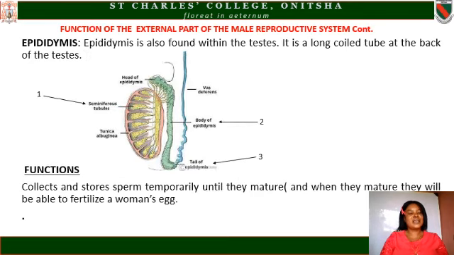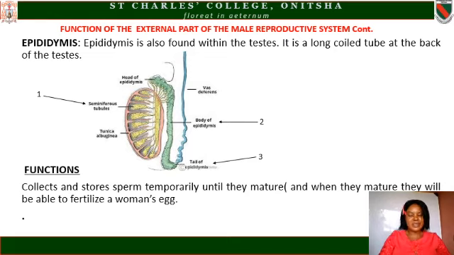The next one is the epididymis. The epididymis is also found within the testes. It is a long tube at the back of the testes. Now, take a look at this structure. You will see arrow number 1. It is the location of the seminiferous tubule, as we have said, and it is connected to the epididymis.